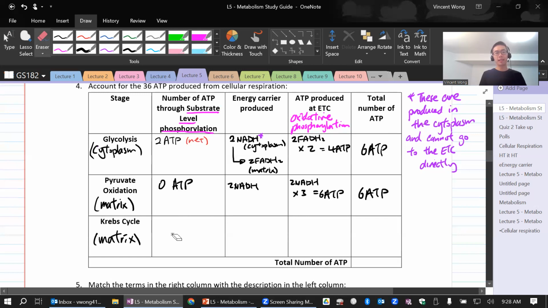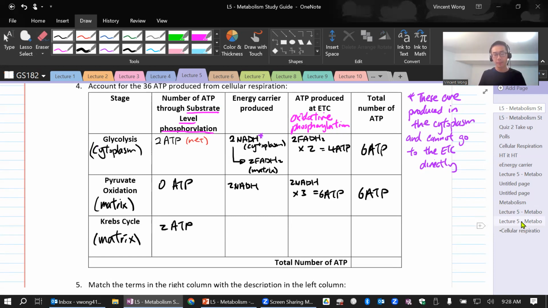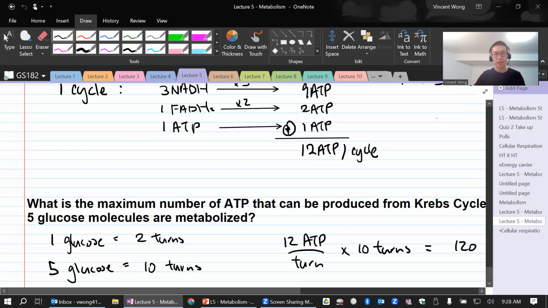Okay, how many ATP through substrate level phosphorylation from Krebs cycle? Yeah, okay, one per spin, right? So that's two in total. Let me go back to yesterday's class notes.